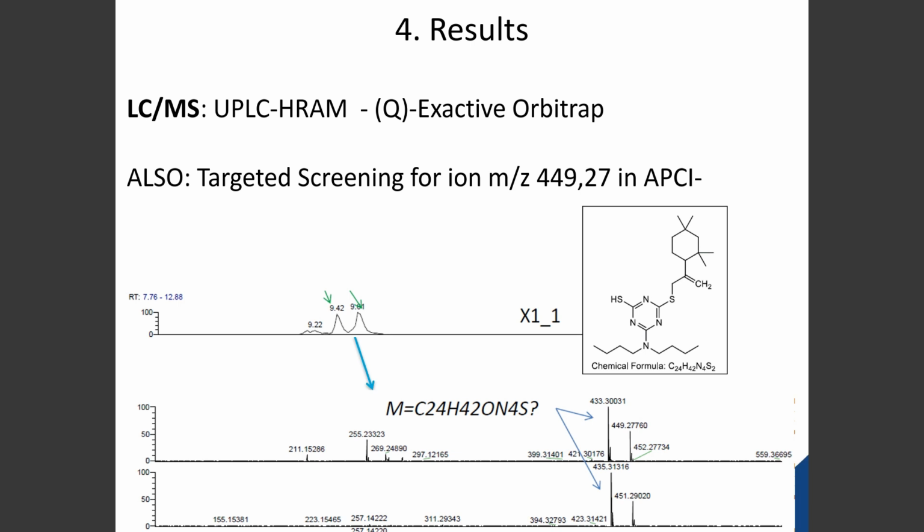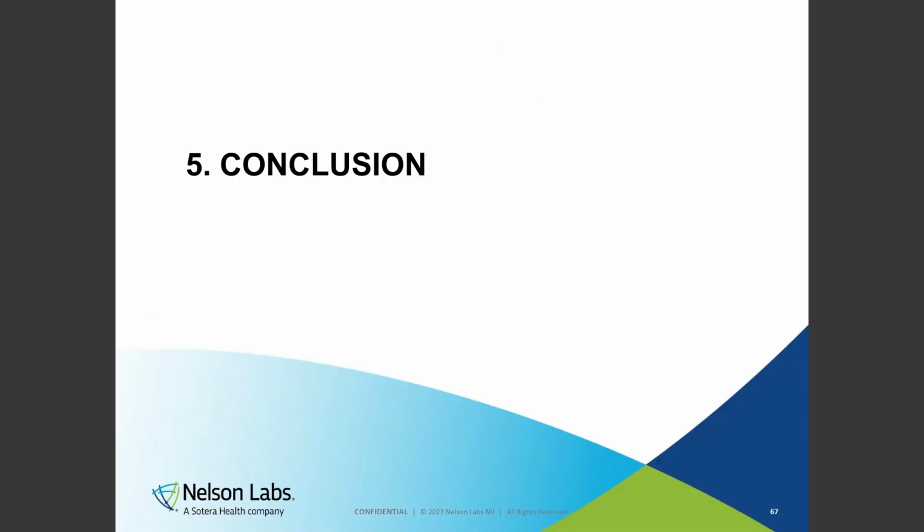The other one with a smaller mass at 433 is most probably something where one of the sulfurs is replaced by an oxygen. Those are other retention times, of course, because those are smaller molecules with different properties.